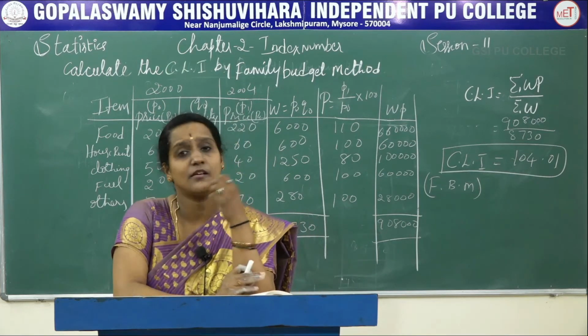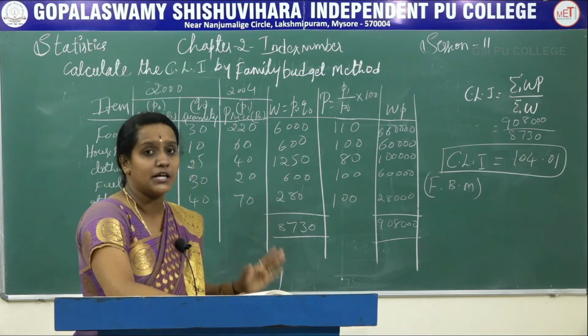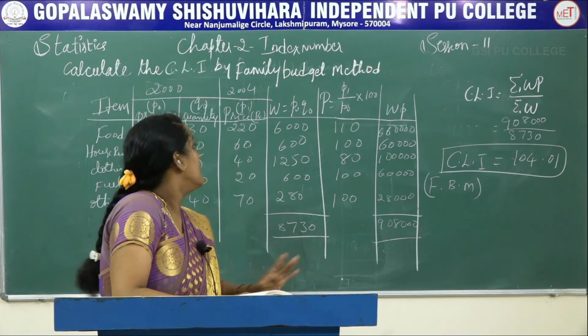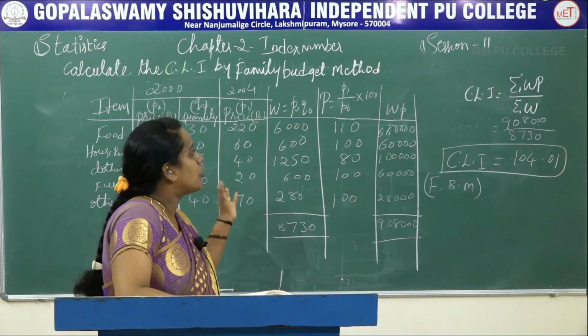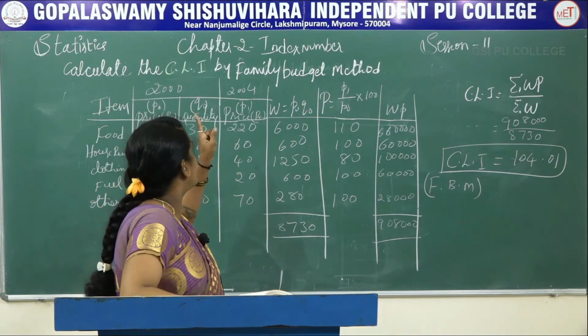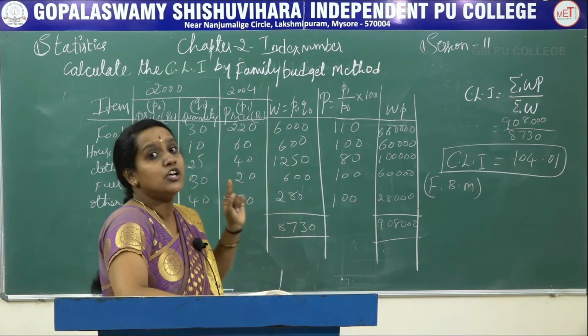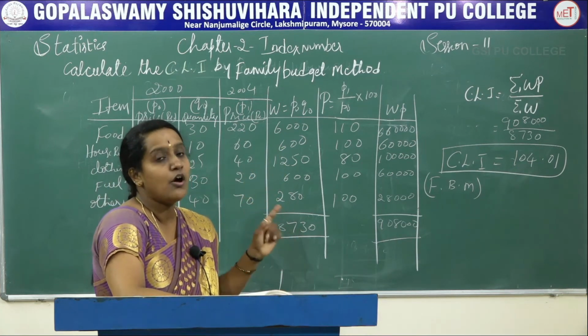Whatever the problem may be, if they mention a particular method, follow it. If they have not mentioned anything for this data, we can go for the aggregative expenditure method. Here they have mentioned the family budget method particularly, so we use the summation WP by summation W formula.